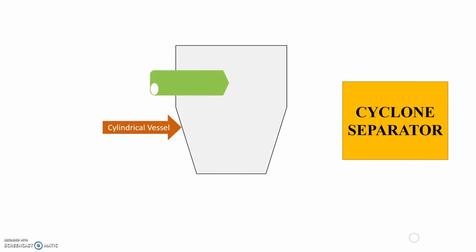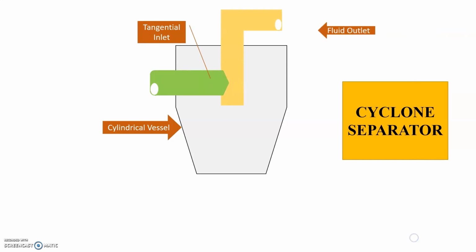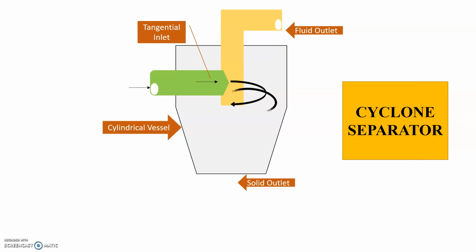In the upper part, a tangential inlet and fluid outlet is fitted, whereas at the base, solid outlet is present. The arrows indicate the direction in which the process in cyclone separator is carried out.